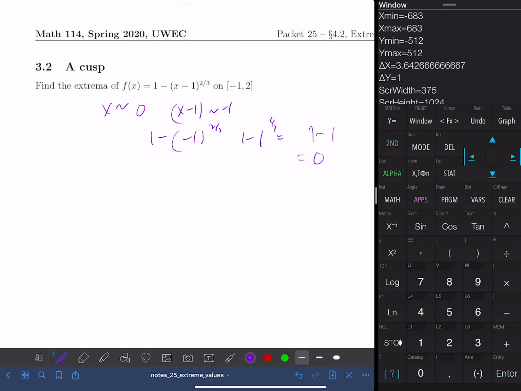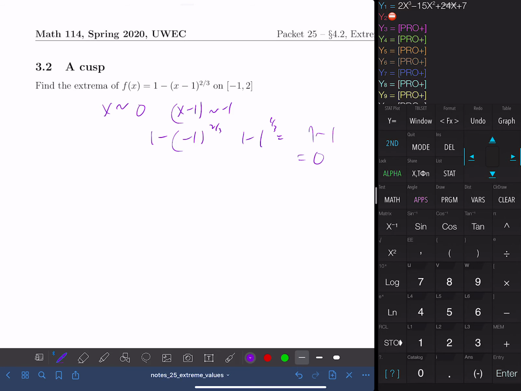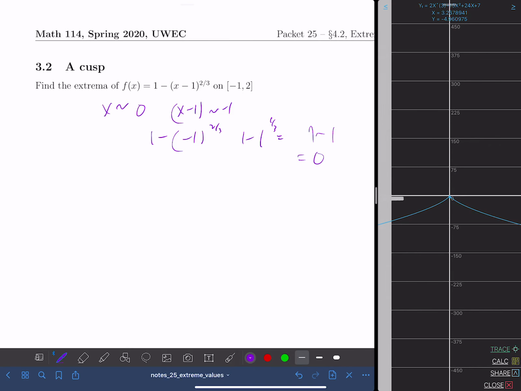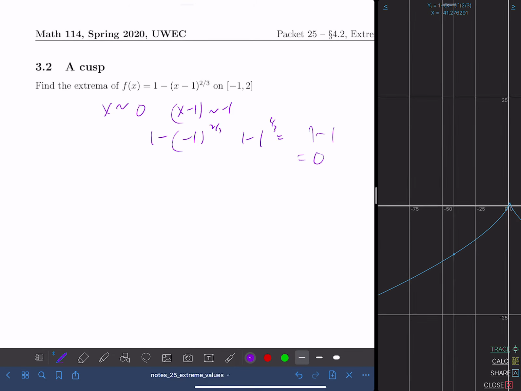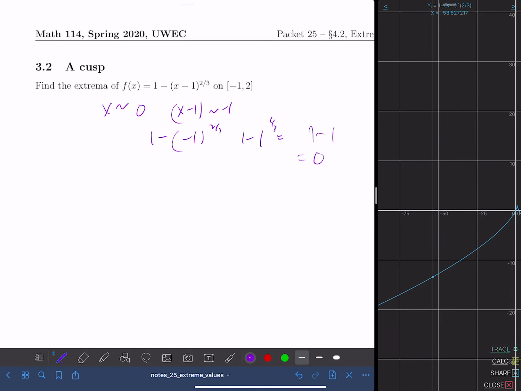Let's try a different calculator. One minus x minus 1 to the 2/3, graph. There. Is that so hard? Wow, I just found a bug in that other calculator.